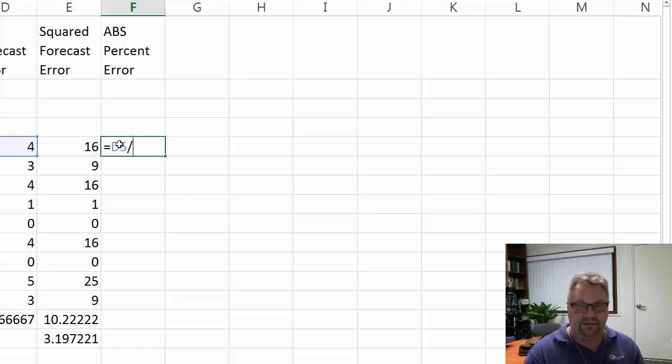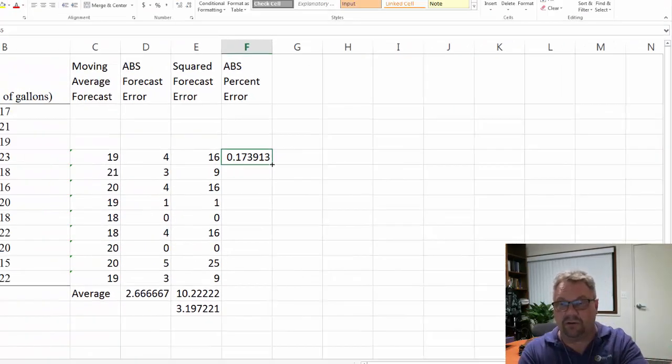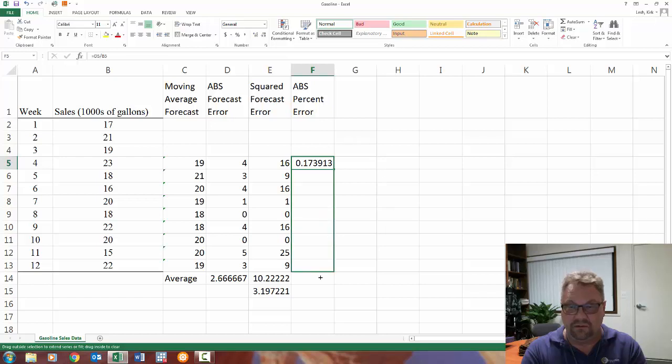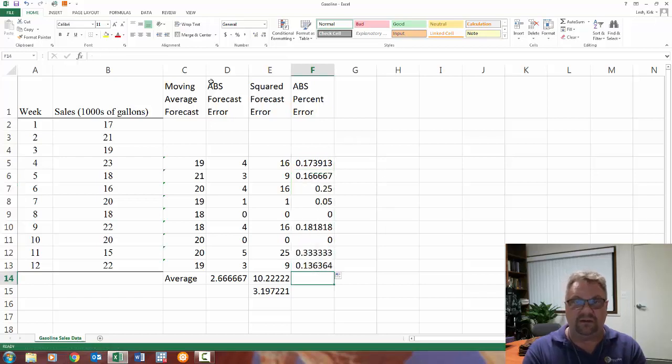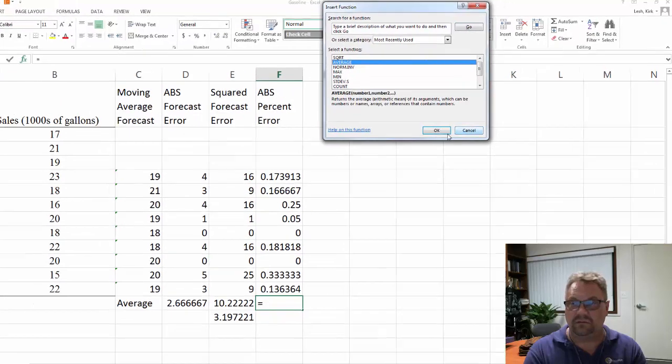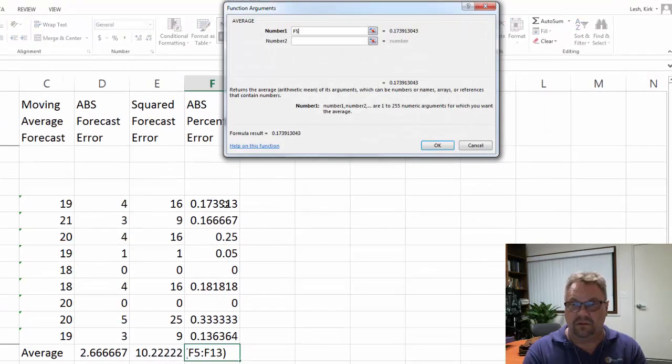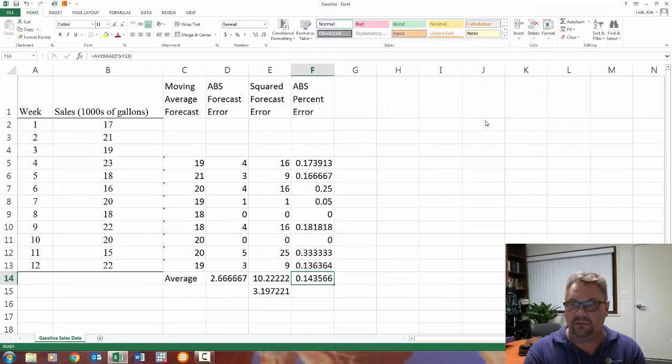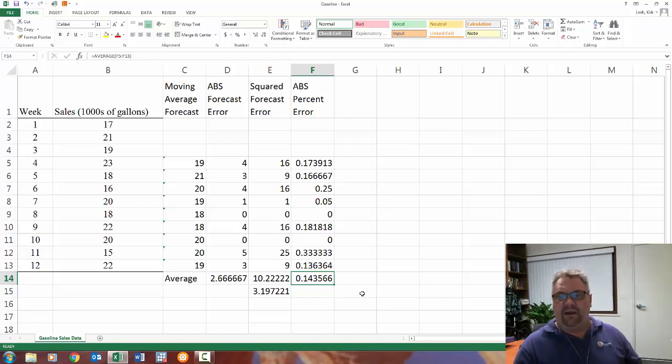I can just take this divided by that, and this is always going to be positive because my forecast errors were already in absolute values. So I can copy that down and then take the average. And there you go. Okay, so here my percent error is 14%.